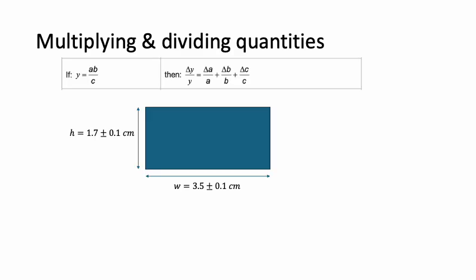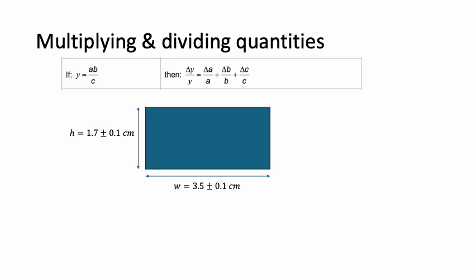Okay, a little bit more complicated, multiplying and dividing things. So let's look at the rule in the data booklet. If y is a times b over c, in other words, any quantities multiplied or divided. In this case, we've got a and b multiplied together, and then divided by c. Then we add uncertainties again, but this time we add the fractional uncertainties in the measurements to find the total fractional uncertainty in our calculated quantity.